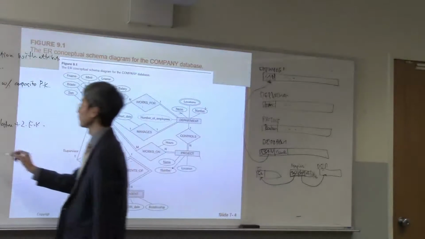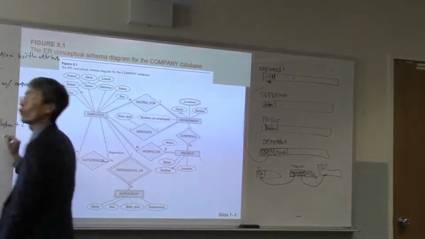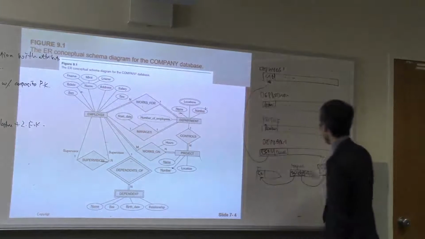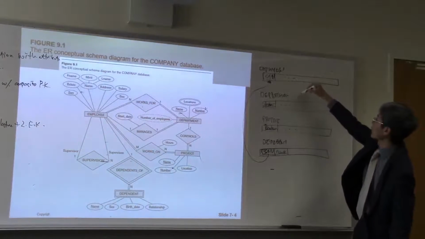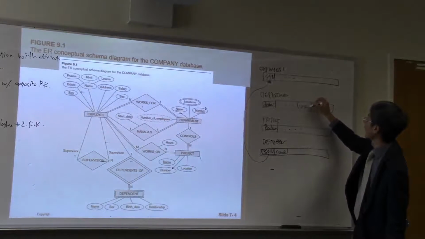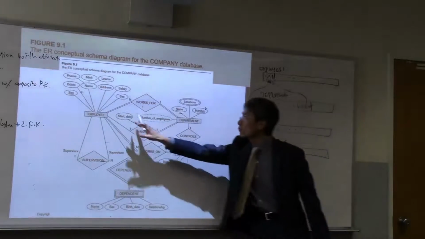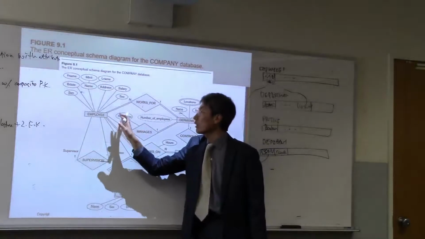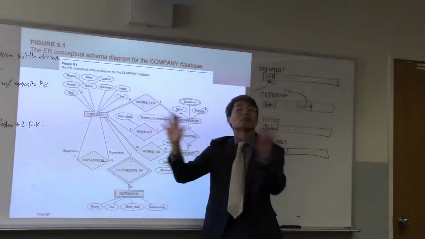Third option, just 1 foreign key. From department we have the manager SSN, so why don't we use this one? Then move any attribute to either this one or this one. Because it's a one-to-one mapping, it doesn't matter.